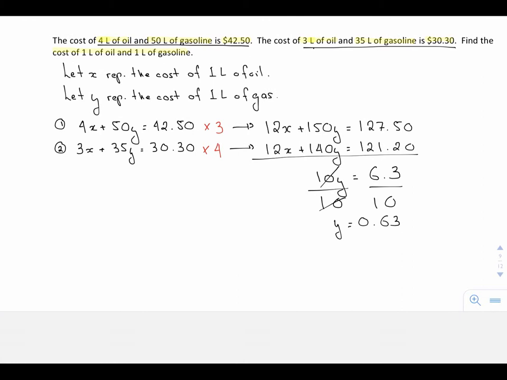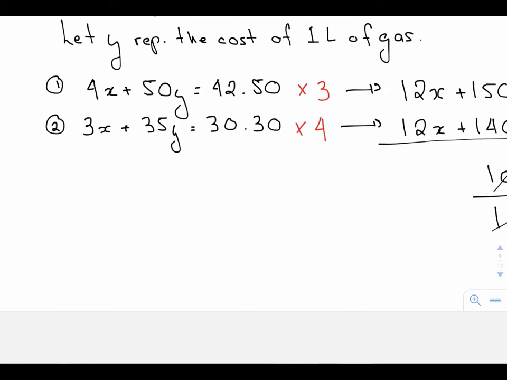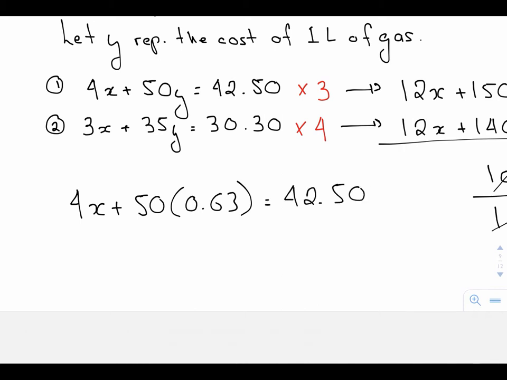And for the x value, I just take that and substitute it back into one of the original two equations. I'm going to choose this equation here to plug it into. So I'm going to replace y with 0.63, and I get 4x plus 50 times 0.63 is equal to 42.50.